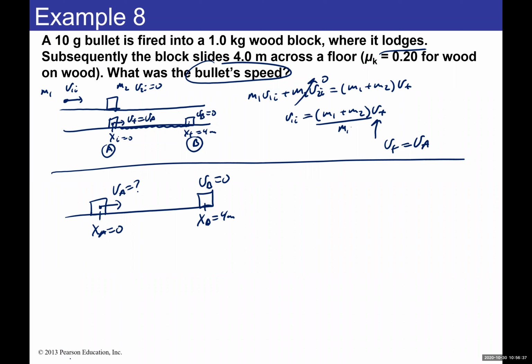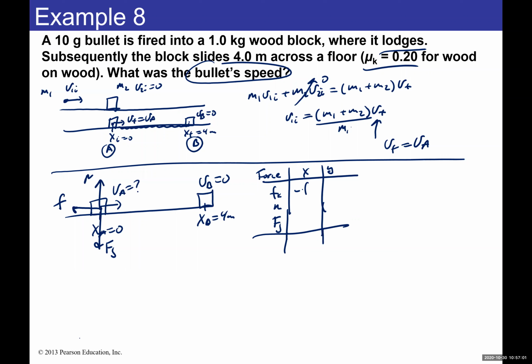I can look at the forces acting on the object. There's a normal force, a gravitational force, and a friction force because we're given the coefficient. In the x direction and y direction, if I do my force table, there's a kinetic friction, a normal force, and the gravitational force.